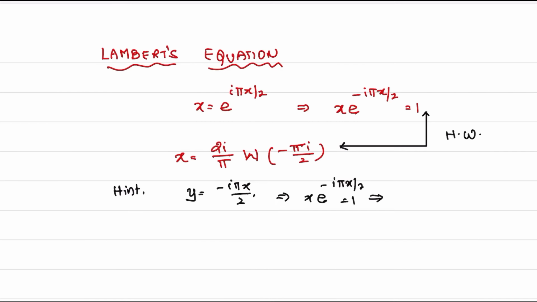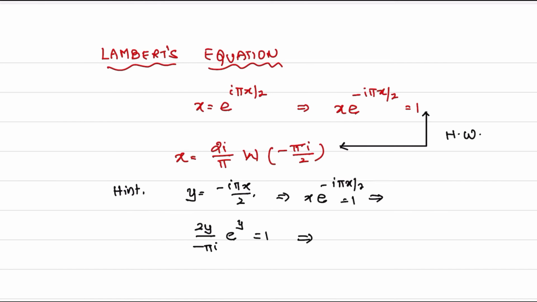What is the x value? x is equal to 2y by minus i pi, so 2y by minus i pi times e to the power of y is equal to 1.